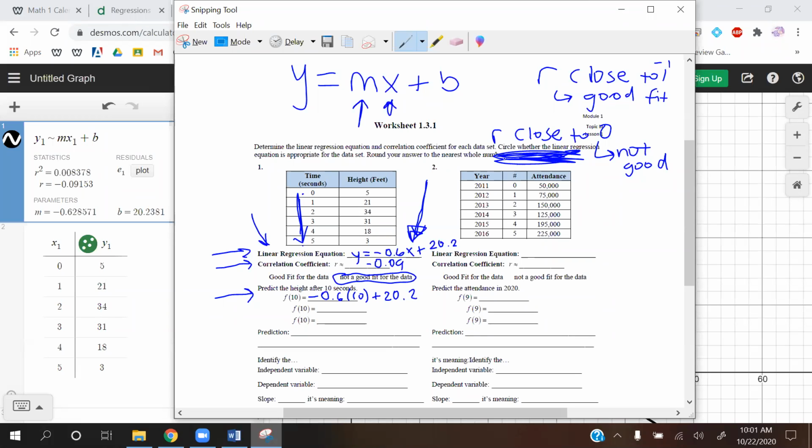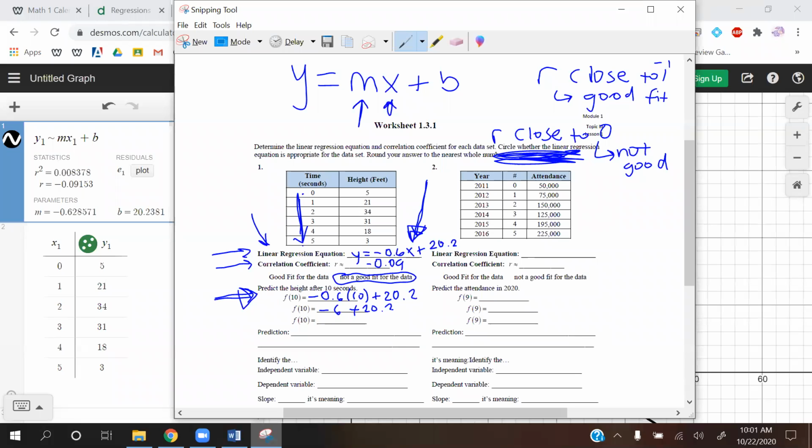So once again, we are back over here where we are predicting the height after 10 seconds. We plugged in the number 10 and we're going to use PEMDAS to simplify. PEMDAS says we have to multiply first. So I'm going to multiply the negative 0.6 times 10. That gives me negative 6. And then we're going to add the plus 20.2. Okay, and then just continue to solve for it.